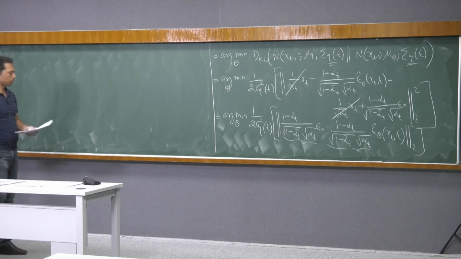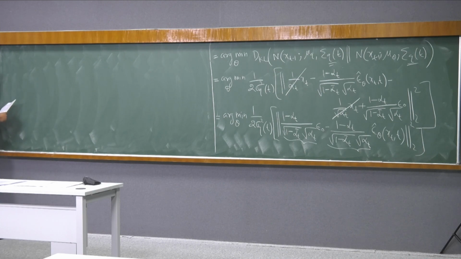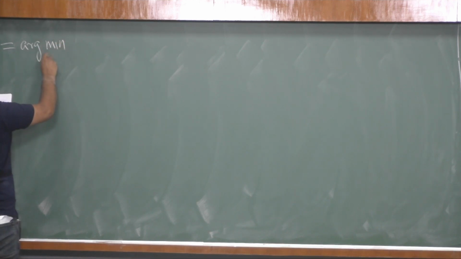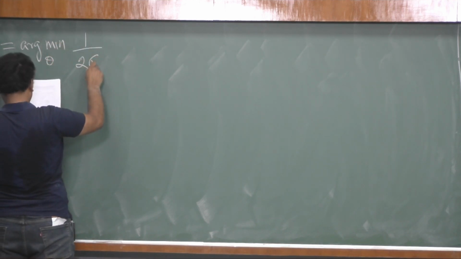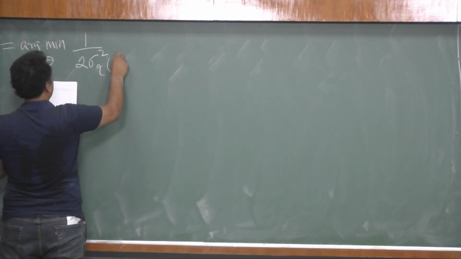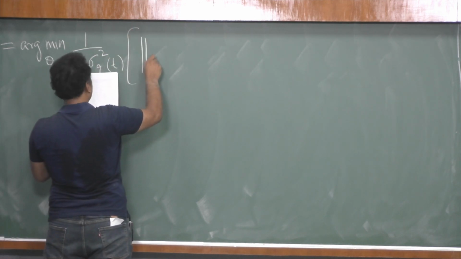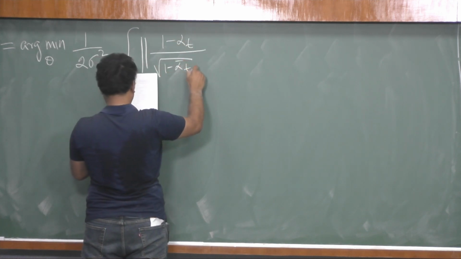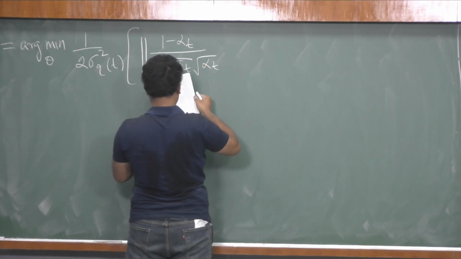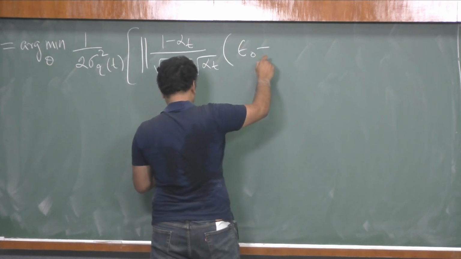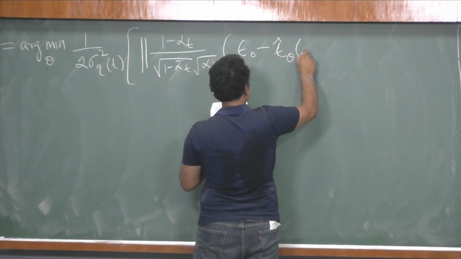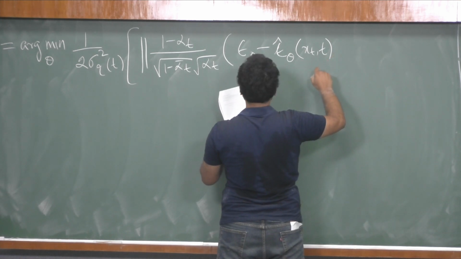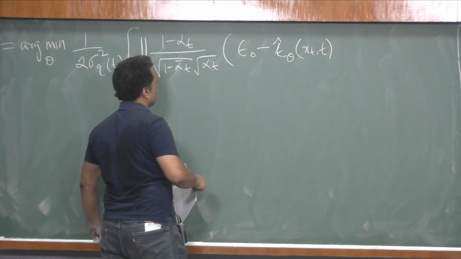So continuing from the last expression, we will take that common term, and then we had epsilon hat theta of xt, t, and we can use the norm itself.